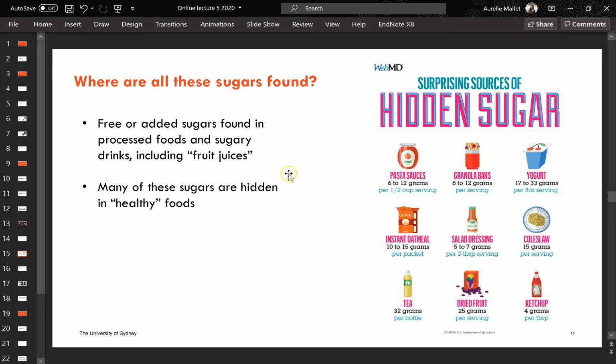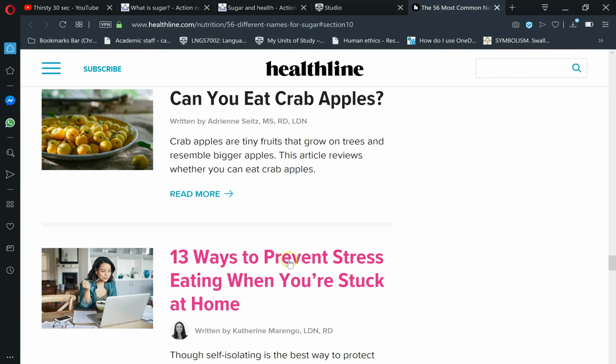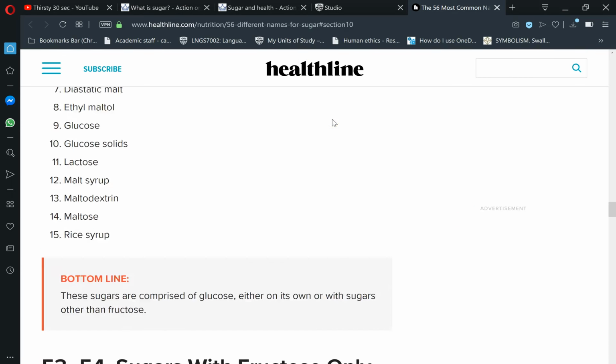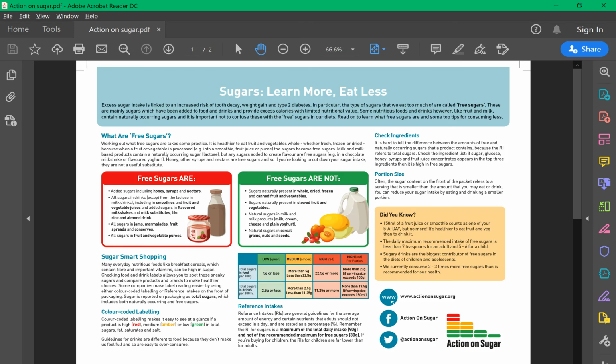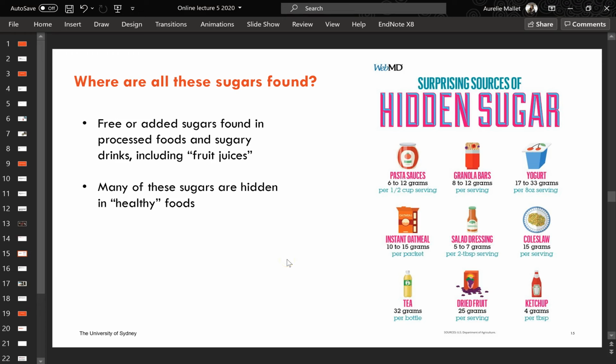But it is important as well to inform people that some foods are marketed as being healthy, but in fact might not be, because they have a lot of hidden sugars. And again, these hidden sugars can come under these names here. So there's a lot that you would have to read about when you are designing your own material for your project.